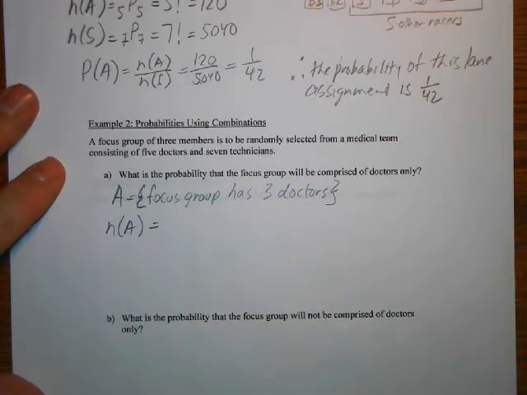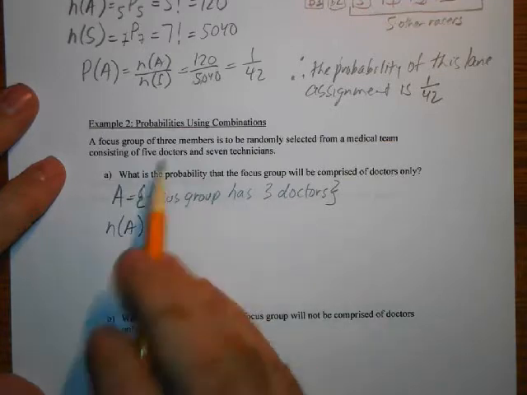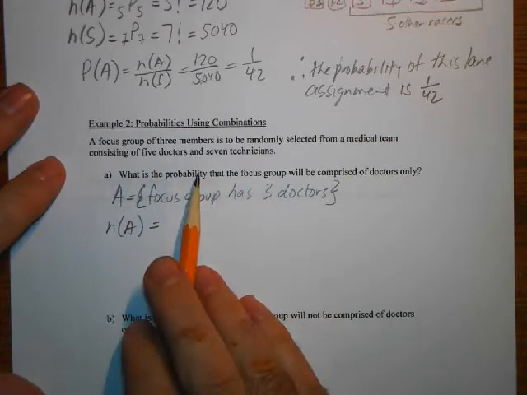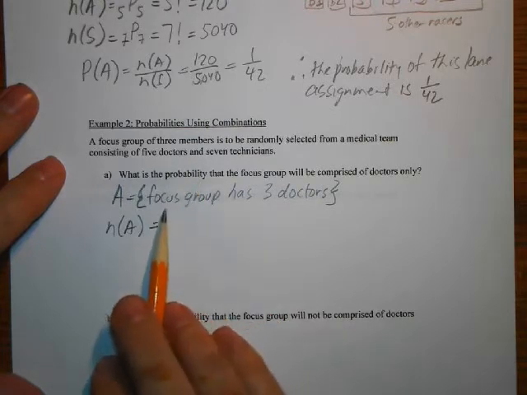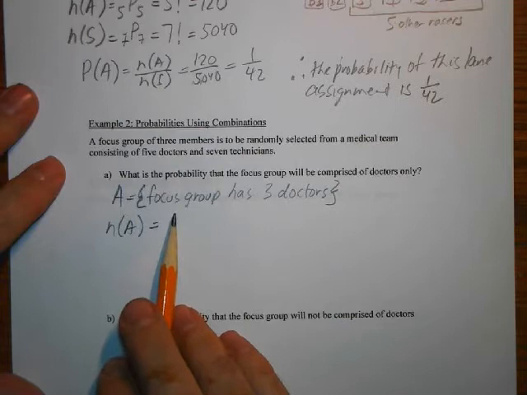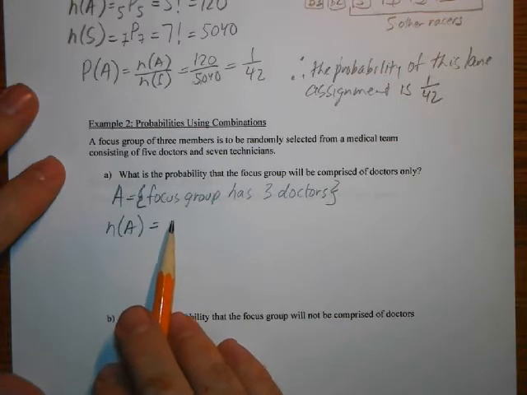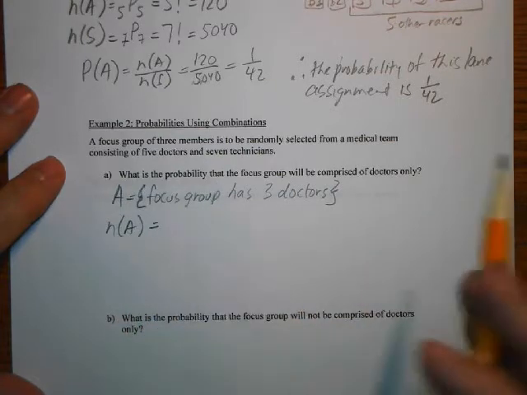So this is where, again, you have to think, is this a permutation or combination? When you talk about a group of people, does it matter which person I pick first in the group? Since there's no defined roles in this focus group, it's just a collection of people. So in this case, it doesn't matter in which position I pick them, whether I pick them first, second, or third for the group, it doesn't matter.